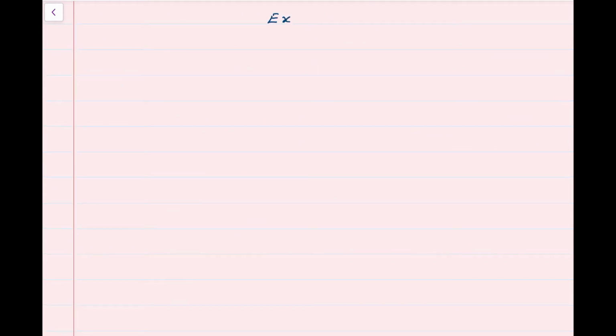Let us do exercise 10.3. First question. Reduce the following equations into slope-intercept form and find their slopes and the y-intercepts. The slope-intercept form of a line is y = mx + c. First subdivision.